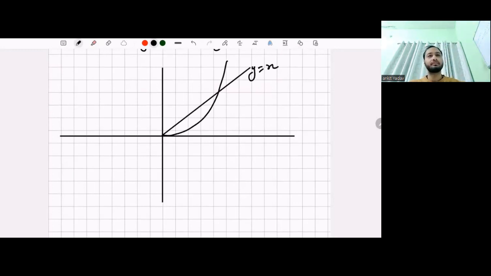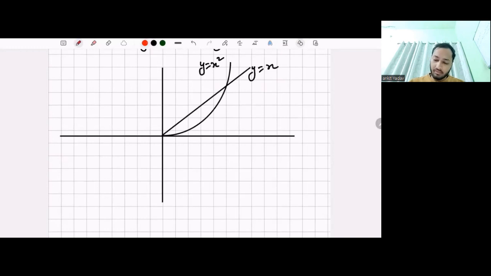Somewhat like this. This is y is equal to x square, ठीक है. तो इसका बिल्कुल मिरर इमेज along y is equal to x.